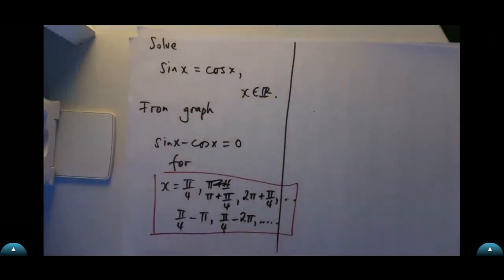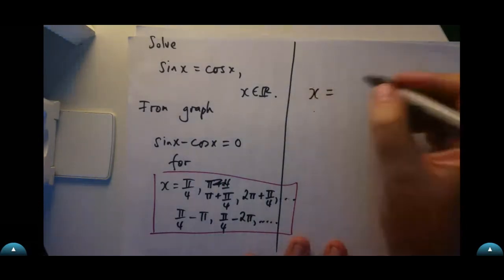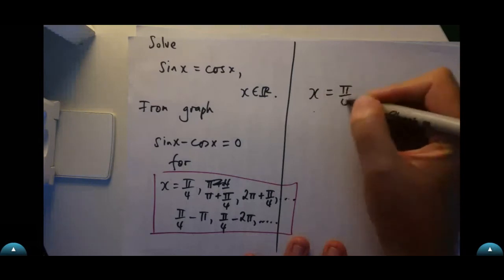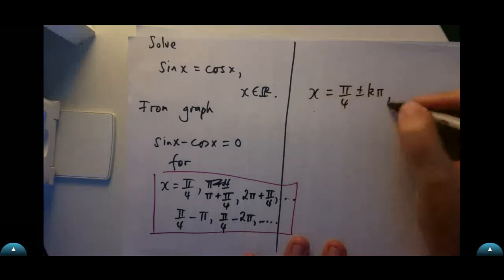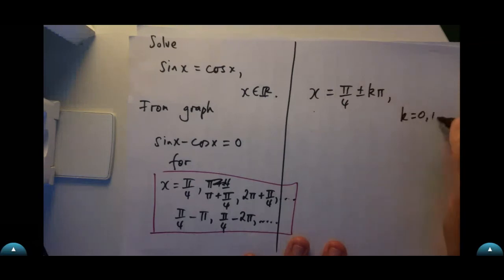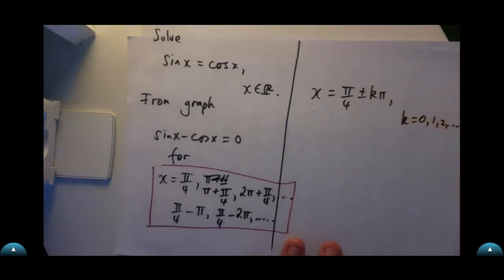Now, there's of course other ways to do this problem. And yeah, it's like a general solution, Nathan, right? If you wanted to write down the general solution, you could say x equals pi on 4 plus or minus k pi, for k equals 0, 1, 2, and so on.